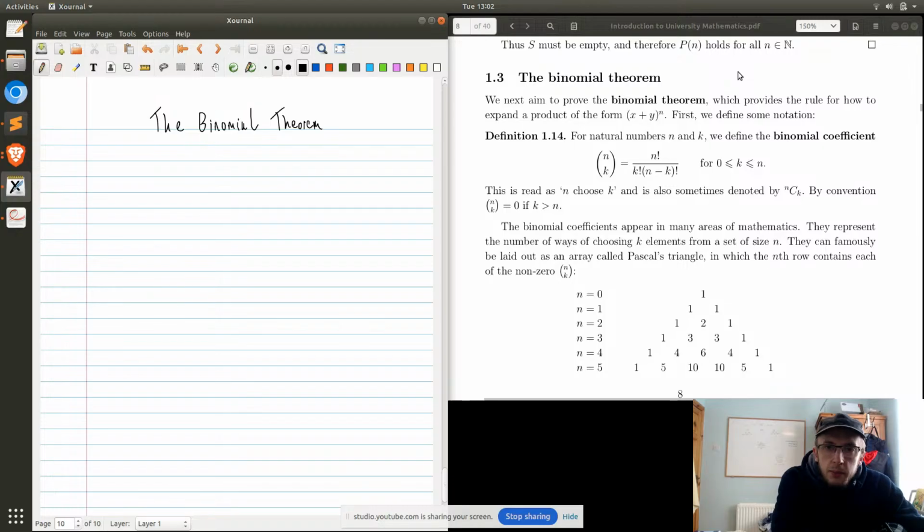We next aim to prove the binomial theorem, which provides the rule for how to expand a product of the form (x + y) to the n.